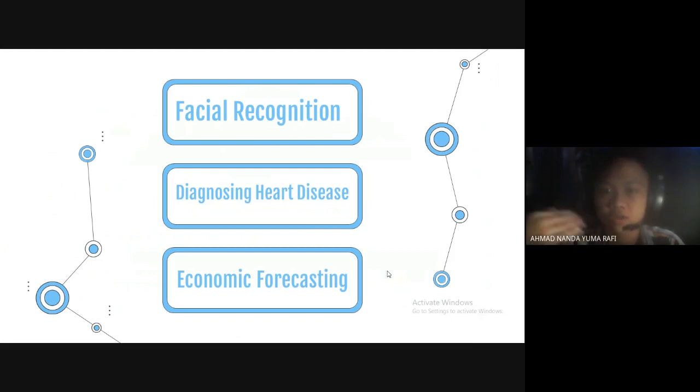They not only use doctors, but they also use the machine learning algorithm, so it can decrease the cost, improve the performance, and so on. And the last is economic forecasting. It is used for stock prediction.